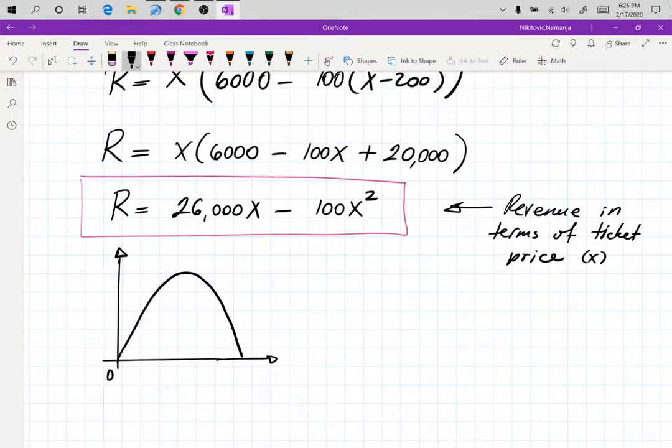This is a 0, and you can also figure out this value here because you had the algebra. This is X, which is ticket price, and this axis over here is the revenue, and you clearly see that there is going to be a maximum point, which is maximum revenue with the fixed costs, right?